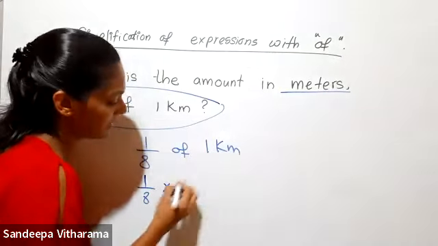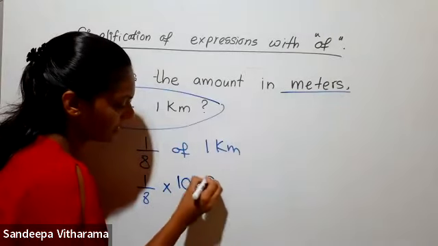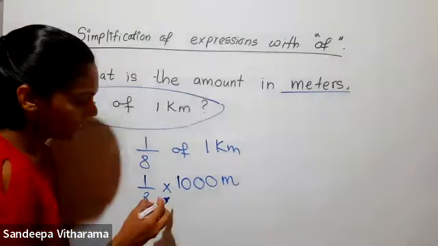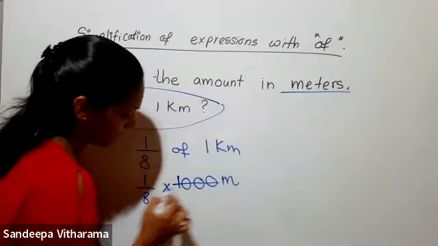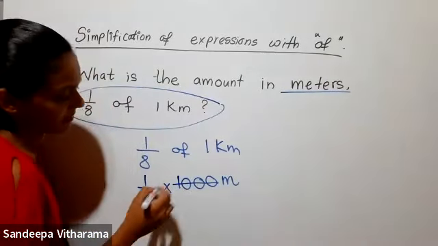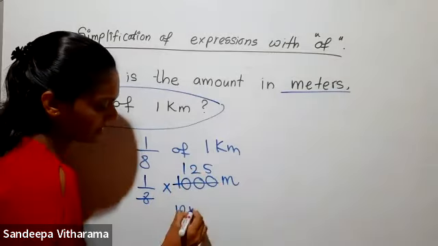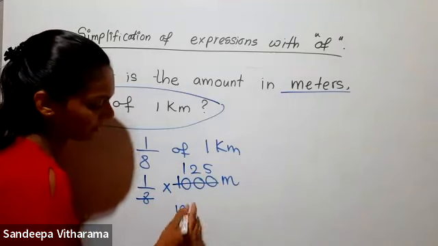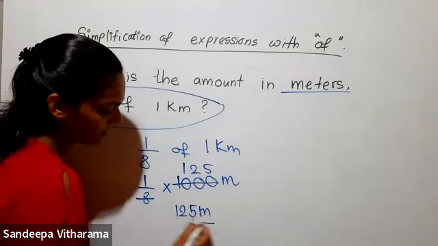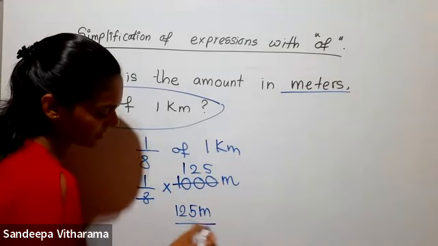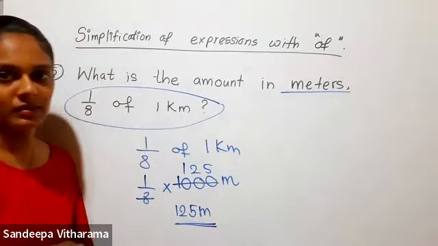Convert kilometers into meters, it is 1000 meters. Then 1000 divided by 8 is 125. So the answer is 125 meters. Okay.